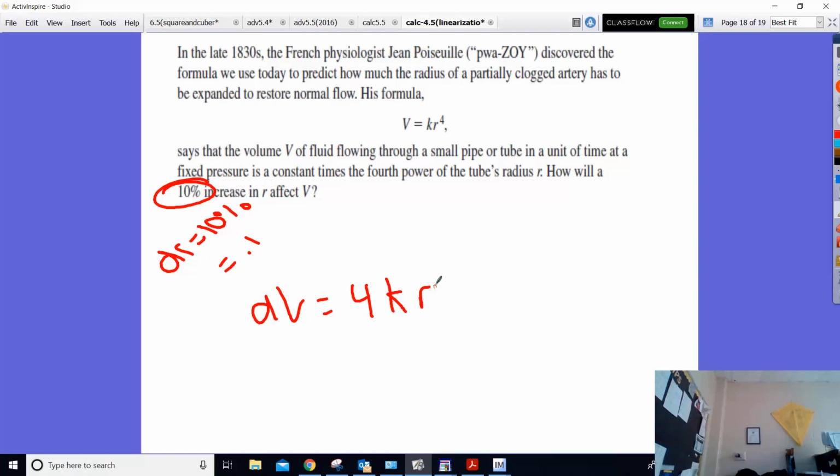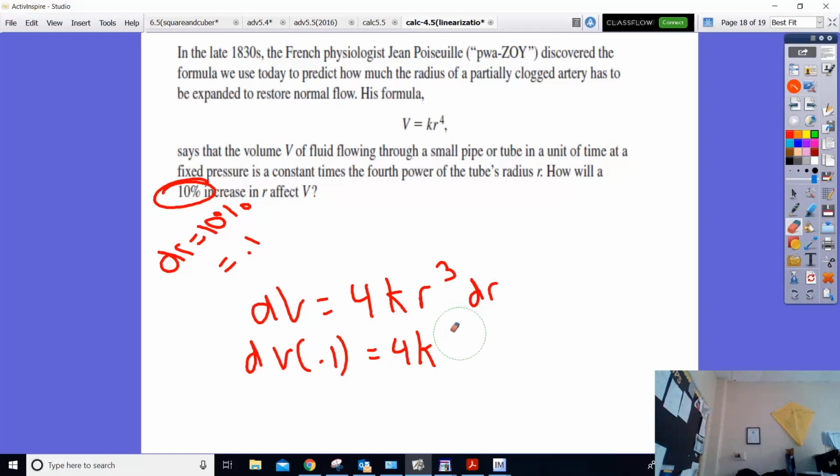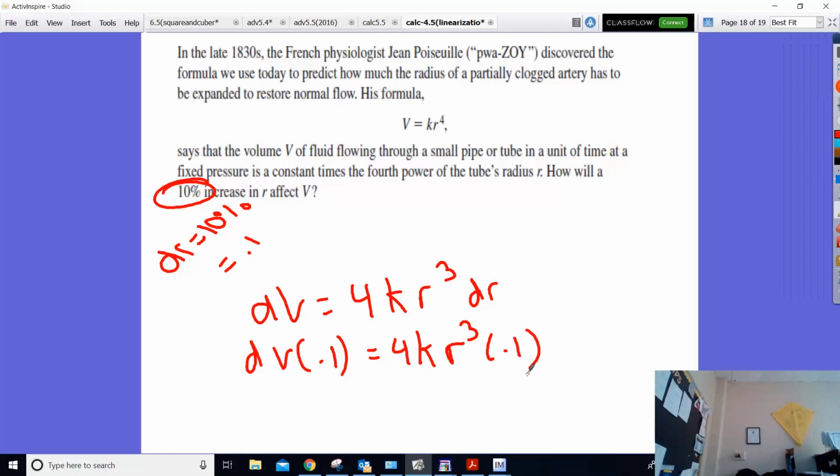It decreases, and then we say dr. Now we're going to plug in that 0.1. And we'll just simplify it. 4 times 0.1 is 4/10.